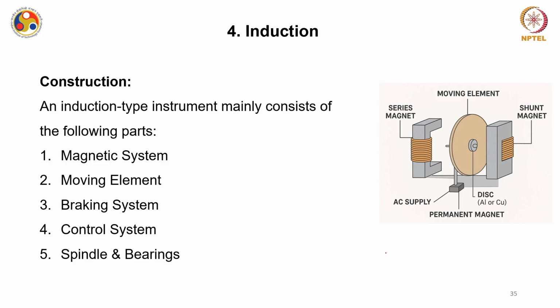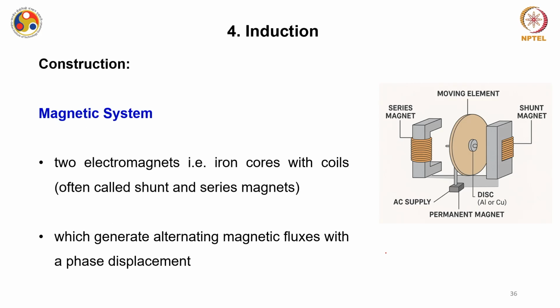So you have a magnetic system, a moving element, a braking system, and a control system, similar to the other systems that we have seen. The magnetic system of this induction type of instrument is basically two electromagnets. So these are basically iron cores with coils and they are mostly known as shunt and series magnets.